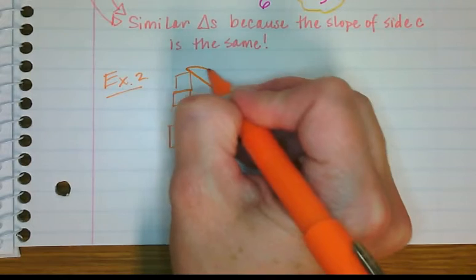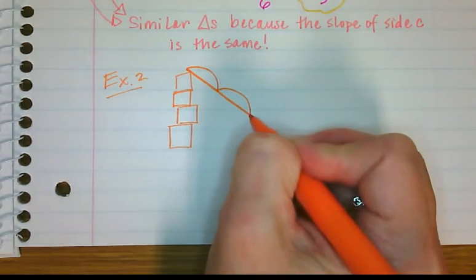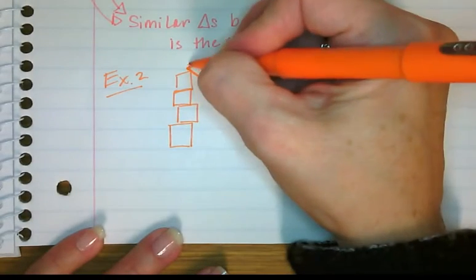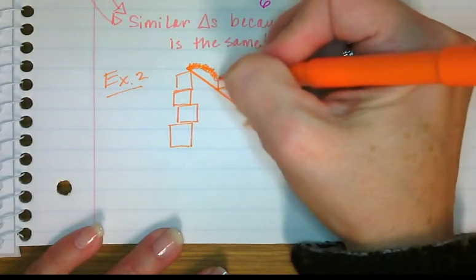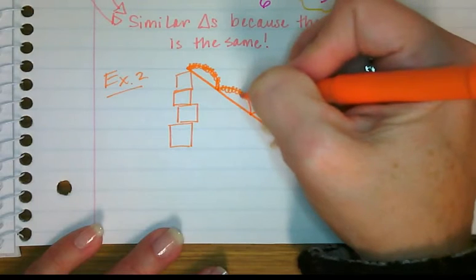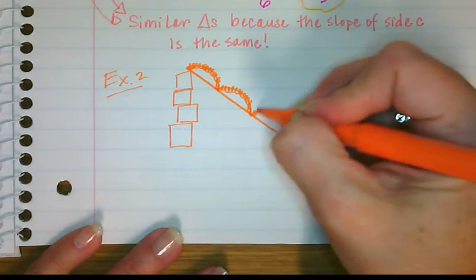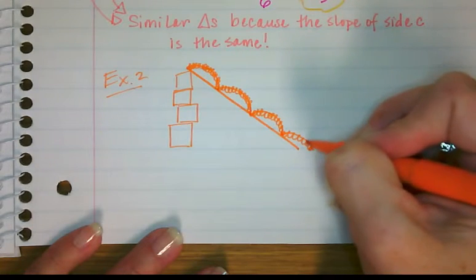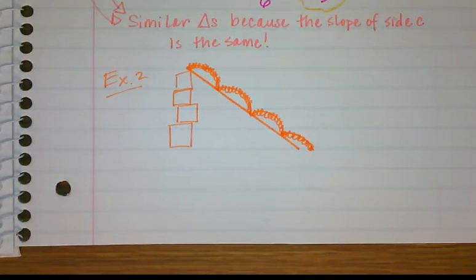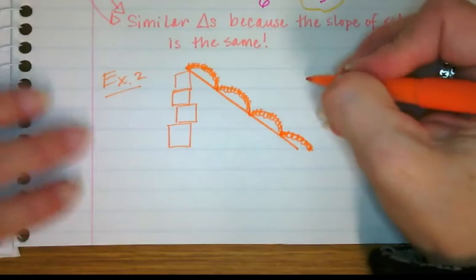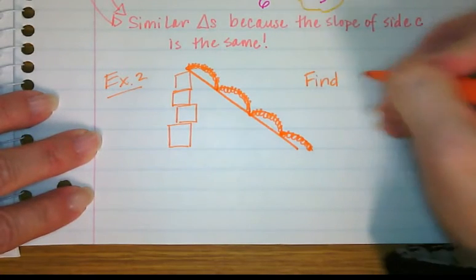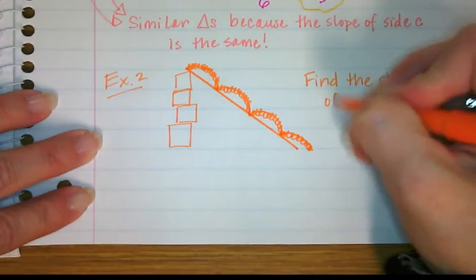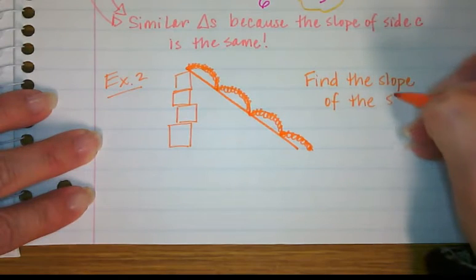So, you know how a slinky works. It goes down, and then it goes down, and down, and then down. And just to make it look like a slinky, we can make it look like it's the little coiled stuff. So, the question is, what is the slope that the slinky is going to be moving. So we are asked to find the slope of the slinky.